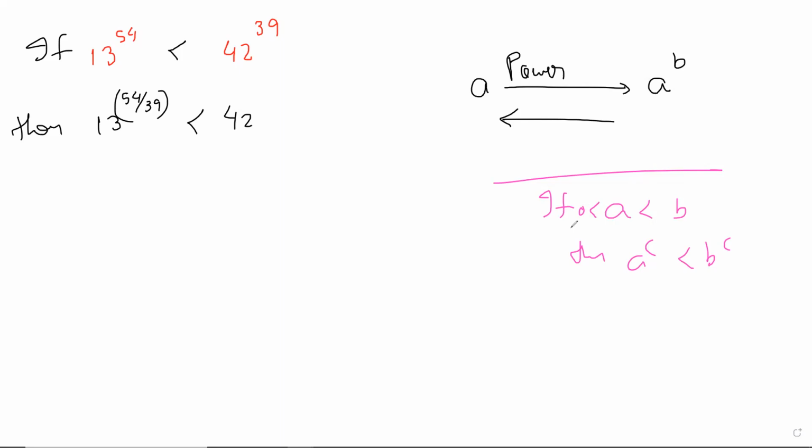Can it be negative? No, C has to be positive. If it is negative, then it will become reverse. Yes, that's absolutely correct. If it's negative, it will actually reverse. But we are in that safe situation, so we can do this.